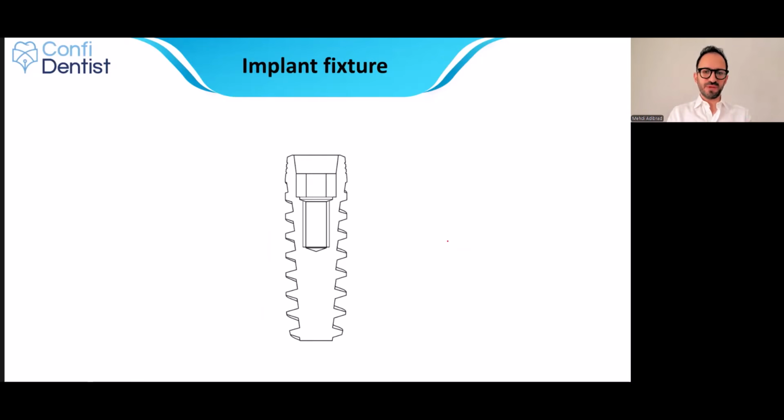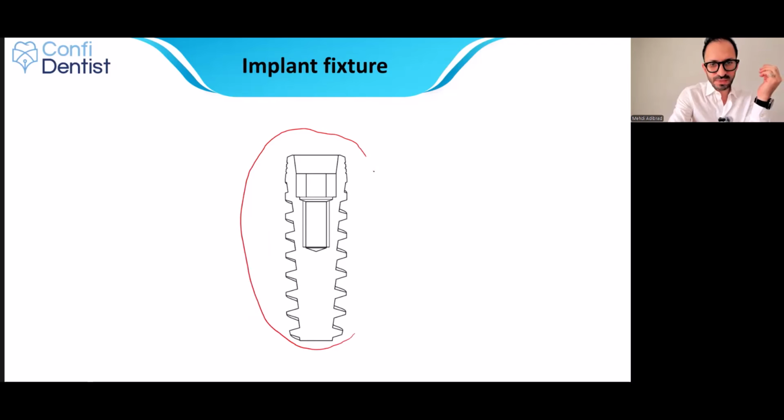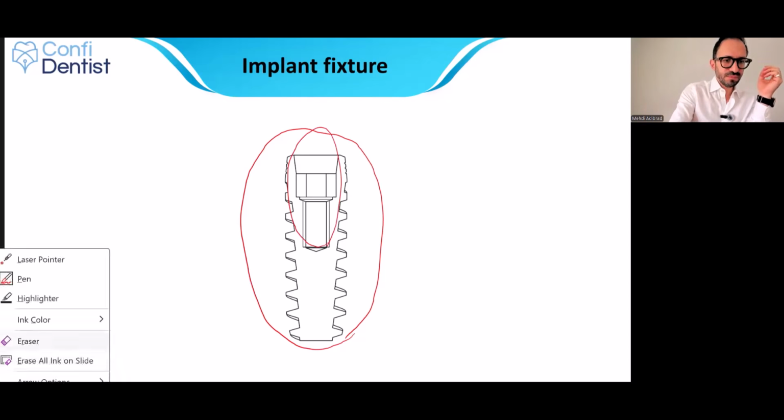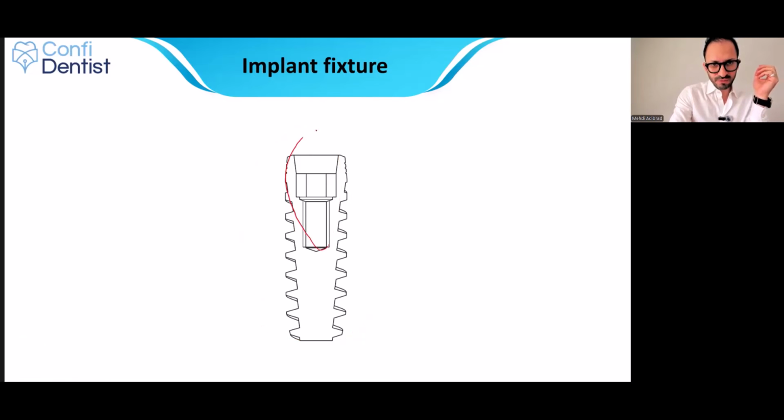When we look deeper, this is how an implant fixture looks like: a hollow titanium screw. When I say hollow, that's because inside of it we have room for the prosthetic screw, because the prosthetic screw is what connects the prosthetic abutment in the end. So this is going to be my prosthetic abutment.